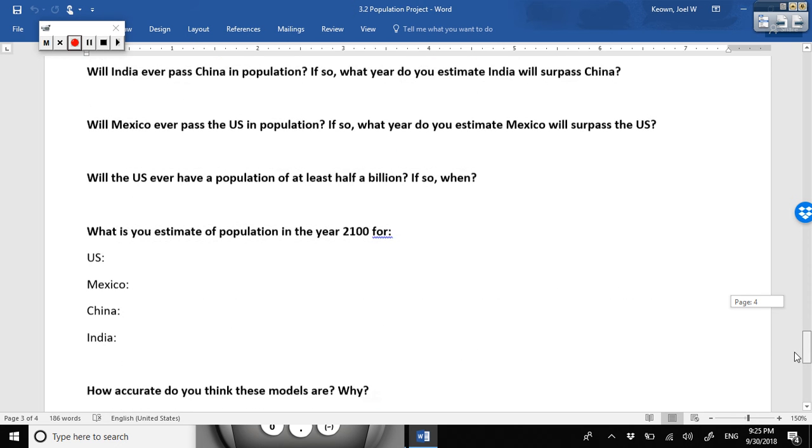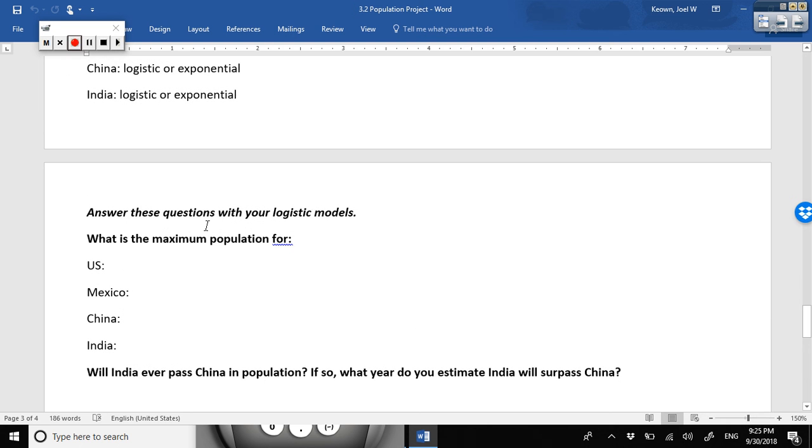And then you're going to get to the last page, and notice it says right here, answer these questions with your logistic model. So we're just using logistic models for these. So it says, what is the maximum population for each of those? And if you're paying attention on the logistic lesson for 3.1, you should just be able to look at your equation for logistic models and find out what the maximum population is.